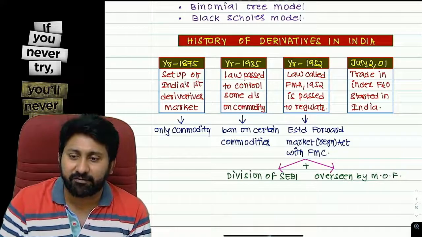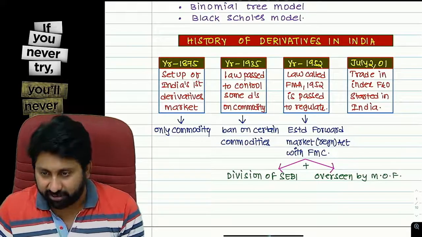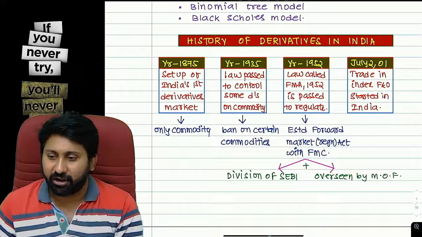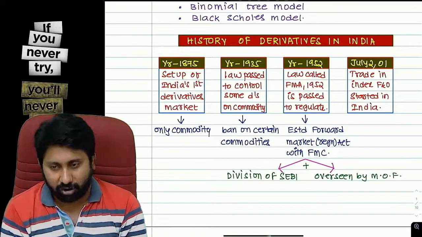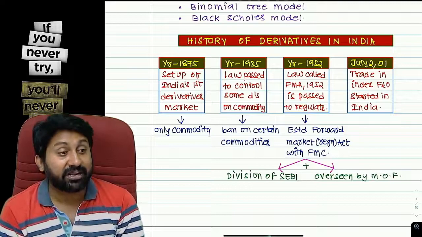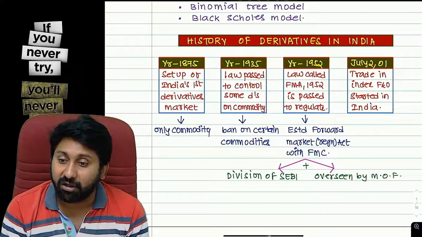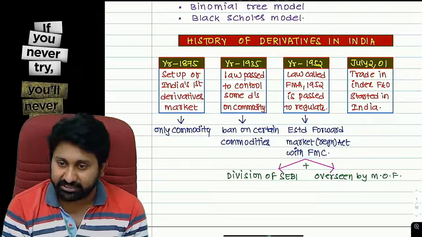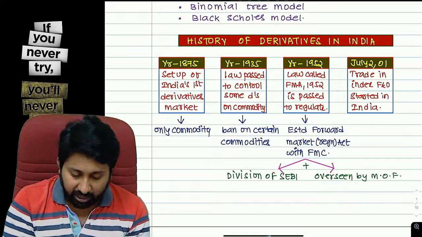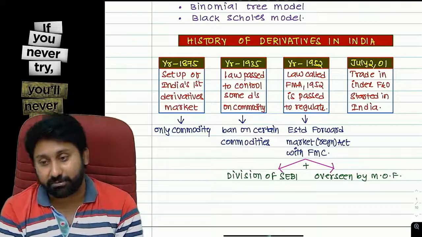What is FMRA 1952? The Forward Market Regulation Act. All kinds of forward contracts, meaning you enter into a contract today for a transaction to happen at a future date, are called forward market activities. For that, an authority was formed called the Forward Market Commission.